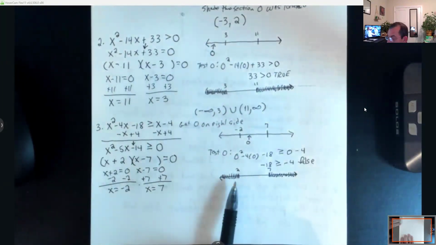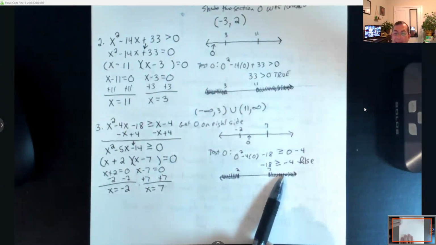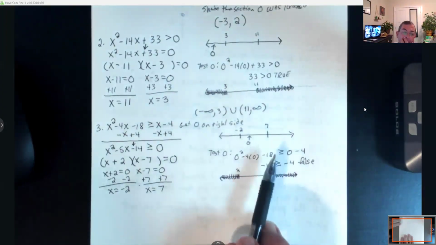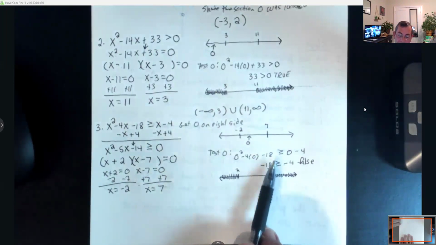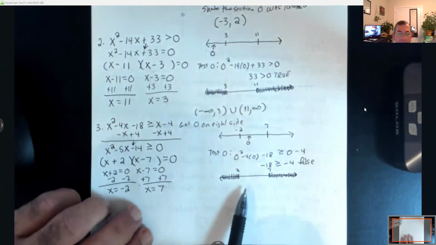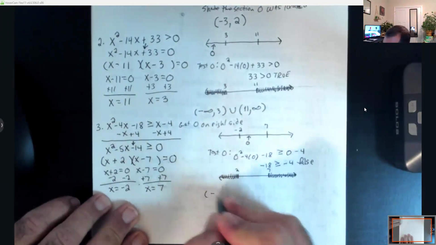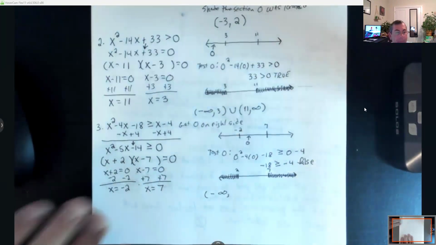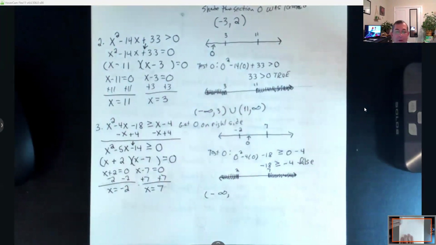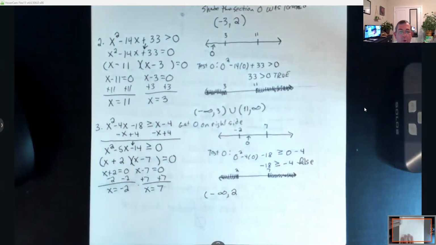So that means if I would have picked numbers over here like 1 or over here like 8, 9, 10, those numbers would have made that true when I plug them in, okay? All right, y'all, so let's see. We know we're starting over here at negative infinity on this one. So around that 2, are y'all putting brackets or parentheses?